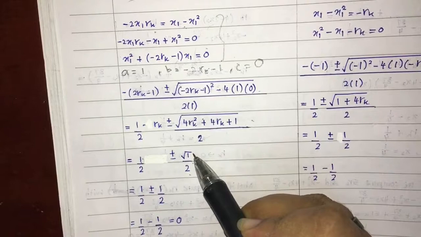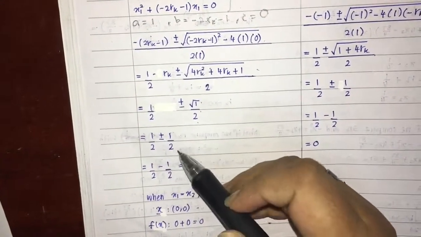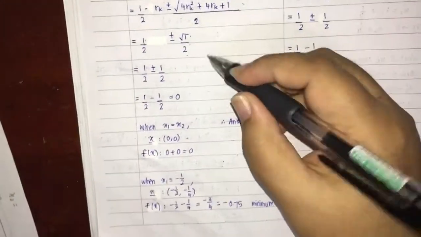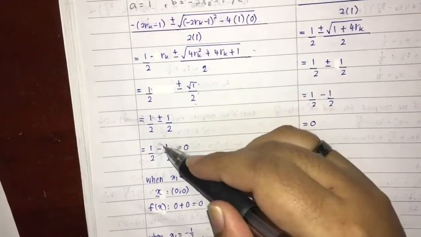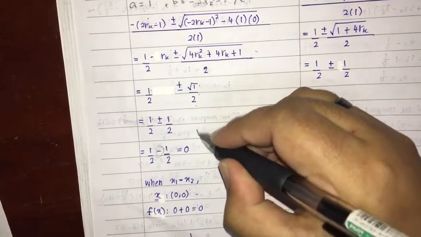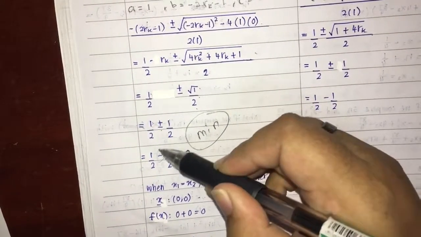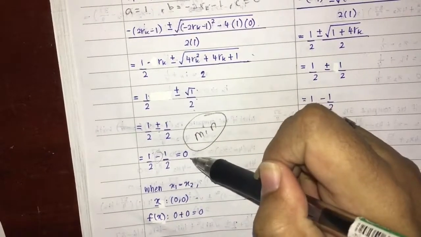The square root of 1 is 1, so we got 1 half plus minus half. We take the negative, because our objective is to find the minimum. So we take the minimum one, so half minus half is 0.